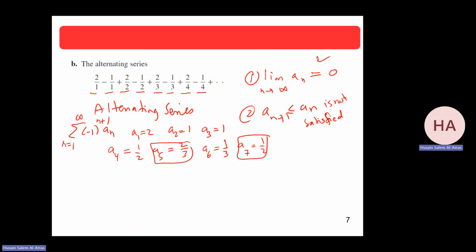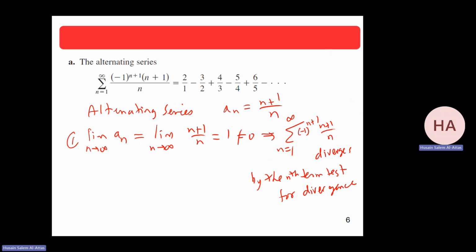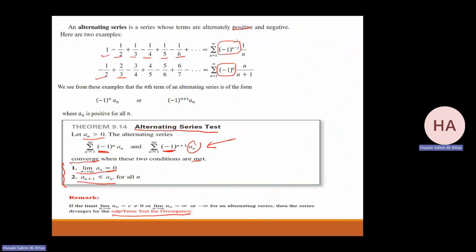So what shall I do in this case? Forget about the alternating series test. You need to think about another method. Please note, the alternating series test is only one direction.